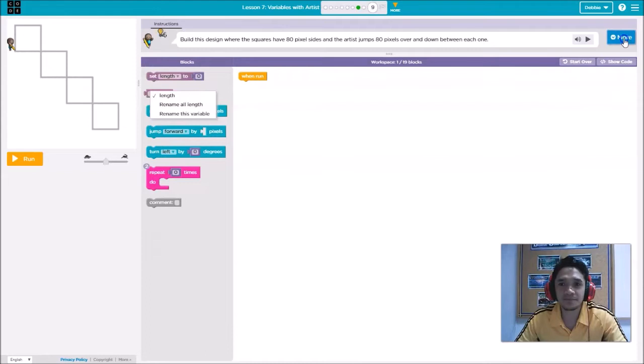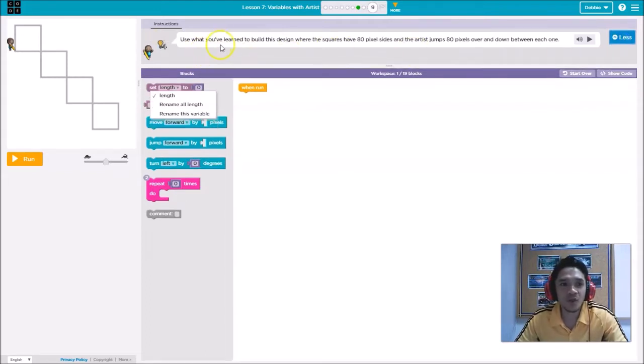It says here, use what you have learned to build this design where the squares have 80 pixel side and the artist jumps 80 pixels over and down between each other. So the square, if you follow with me here, is 80 pixels.